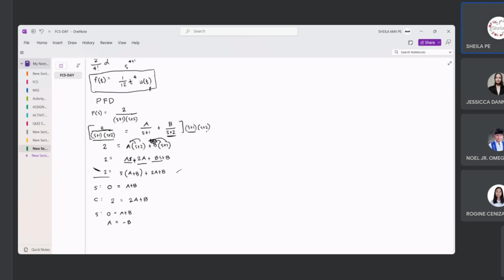Now, we can substitute this new equation into our constant equation.